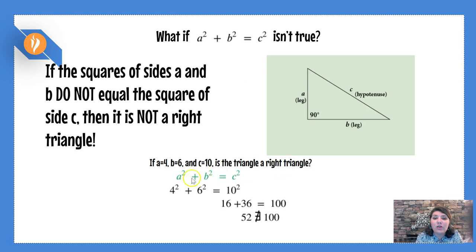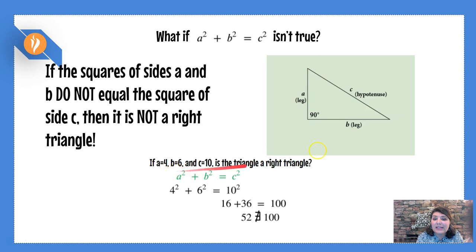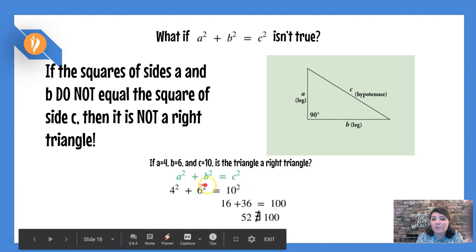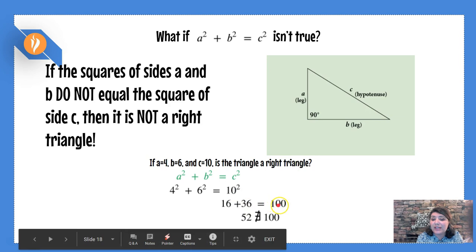So if the measure of A, this leg, is 4, B is 6, and C is 10. Here's my formula. A squared plus B squared equals C squared. I'm going to plug it in. A is 4, B is 6, C is 10. 4 squared is 16, 6 squared is 36, and 10 squared is 100.